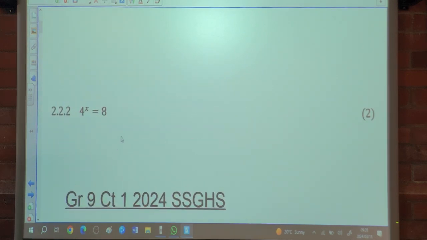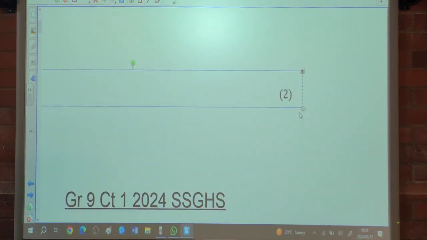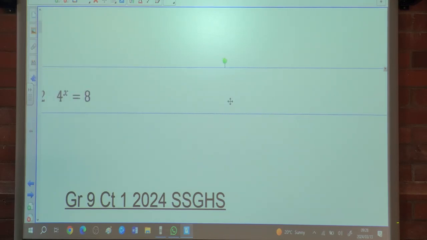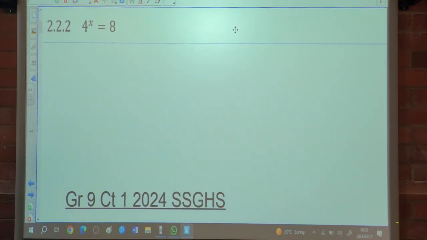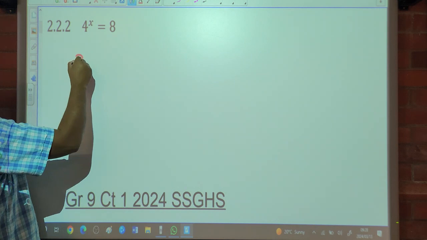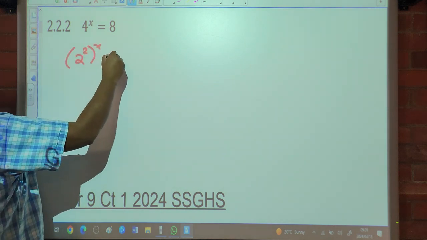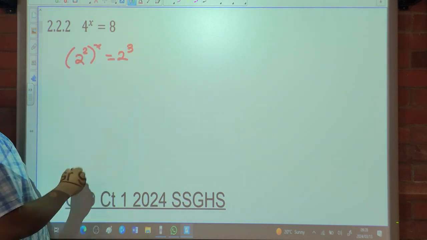The next one again is to solve for x. Somebody got a message. Is the sum correct? And yes, it is. Remember, it's an exponential equation. So, when bases are the same, exponents are equal. So 4 can be written as what? 2 squared raised to the x is equal to 2 cubed.